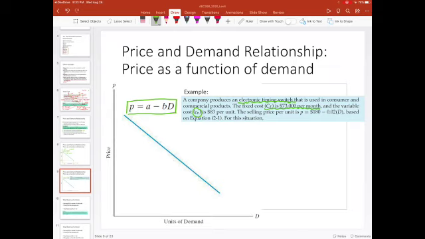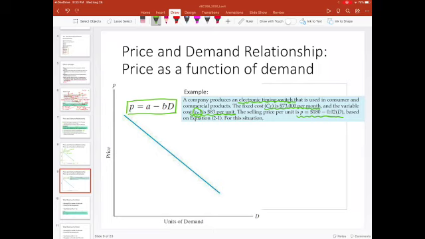Look at this, this is lowercase v, which means it's a variable cost per unit. It's $83 per unit. That's another variable. The selling price per unit is written as P equals $180 minus 0.02 times D. So that's the relationship between P and D.